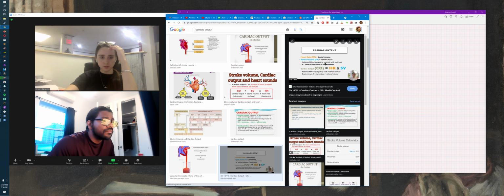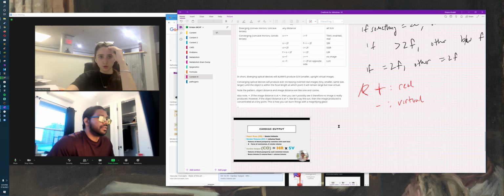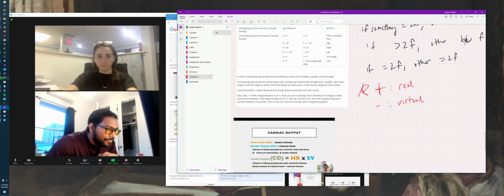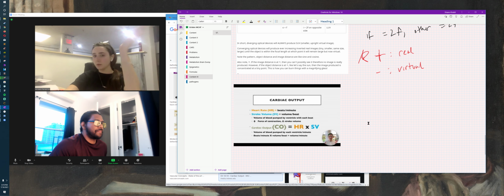Here, I added something. It's called the cardiac output. It has this stupid guy's face in it, but whatever. Okay, wait, let's look. Oh yeah, okay.